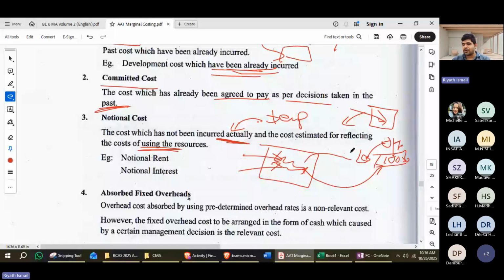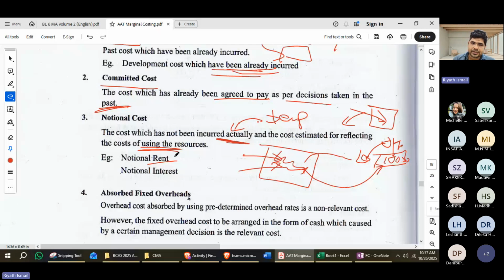So the opportunity cost is a relevant cost, but you must not just assume it. Normally no one requests your building for rent purposes. If nobody asks you, there's no opportunity cost, so you can't put an artificial rent into your calculations for decision making.